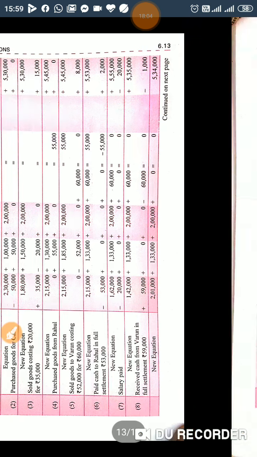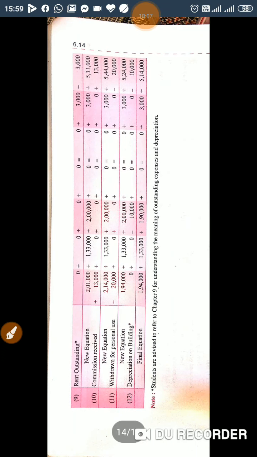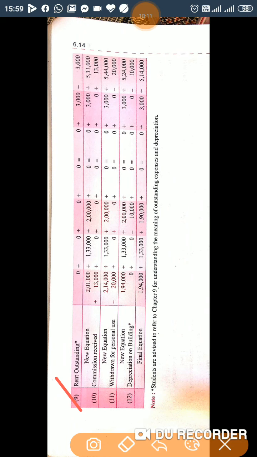There are 4 transactions left. Now I'm taking the first transaction. Rent outstanding. 2 accounts are involved. Rent as expenses, rent outstanding is a liability. So on the liability side, we have already mentioned in our format outstanding expenses.